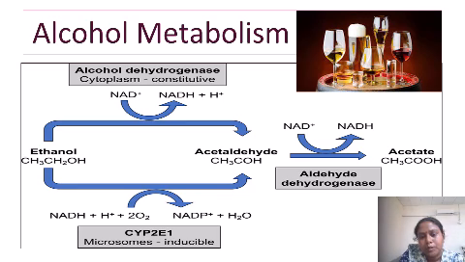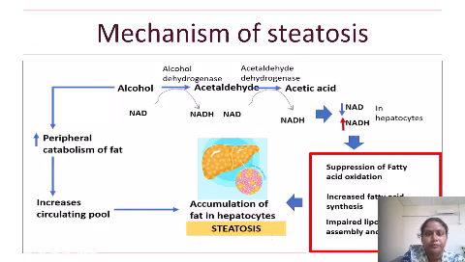So the metabolites acetaldehyde and acetate are formed from alcohol metabolism. How alcohol induces steatosis, this fat deposition in the liver. So this NAD-NADH ratio will be altered when a person consumes alcohol.